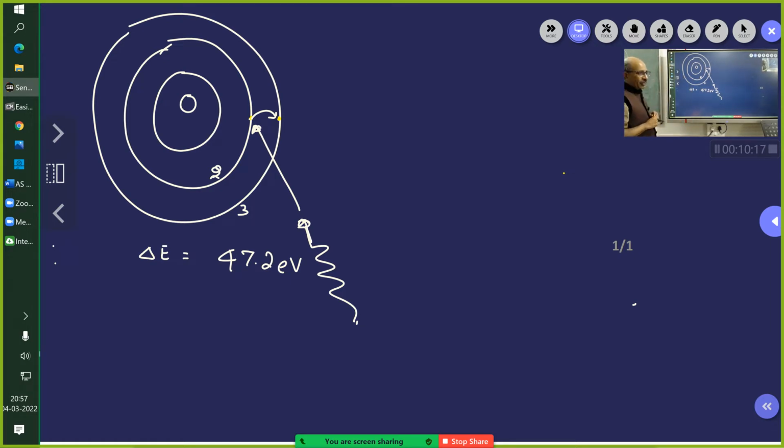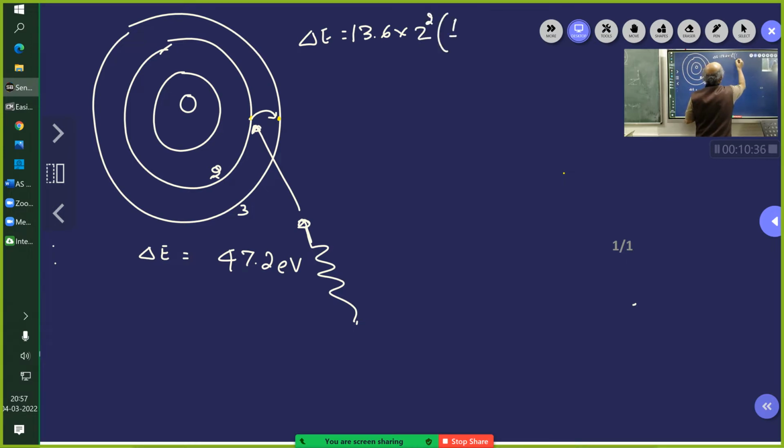Okay? So now, if you can correct the formula, what is delta E? Delta E will be equal to 13.6 electron volts into Z square, 1 upon n2 square minus 1 upon n3 square. Correct? This is the formulation. So you should capture what else they have told.